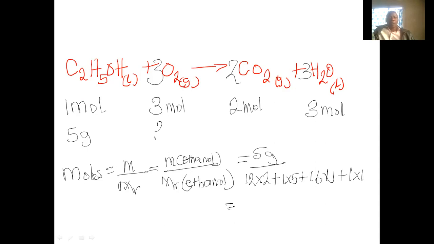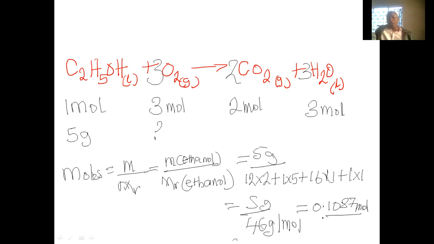This gives us 5 grams divided by 46 grams per mole, which gives us 0.1087 moles of ethanol.